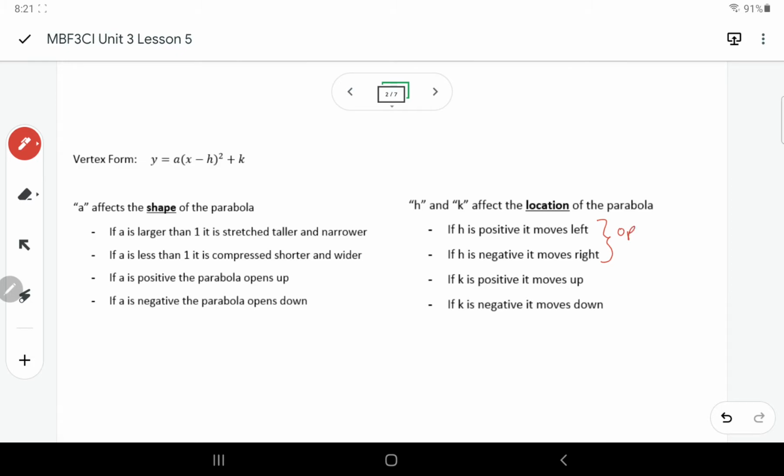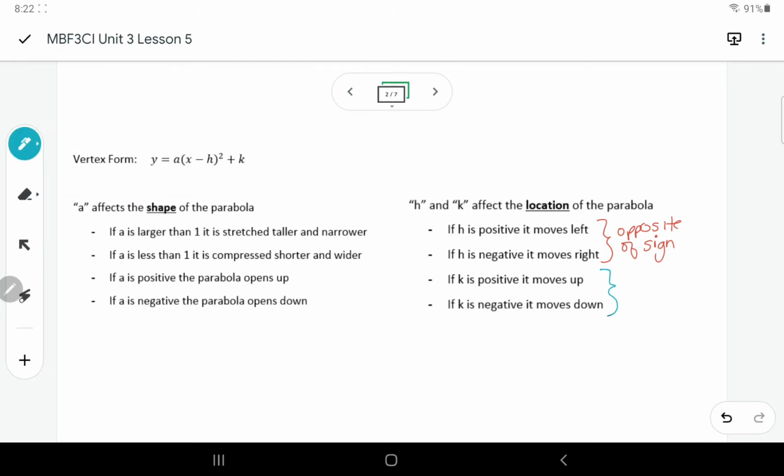So the opposite of the sign. So if it's positive, it moves actually to the left. And if it's negative, it moves to the right. And then the K value, that plus a number at the end, remember the H is in a bracket with the X and the K is separate off to the side. The K is going to be what moves it up and down.